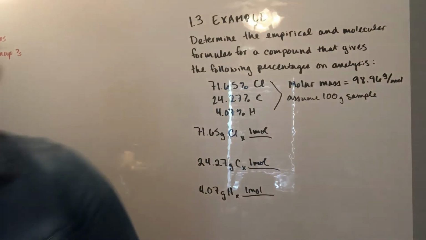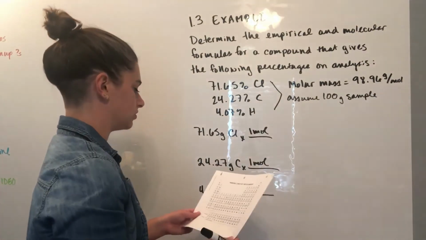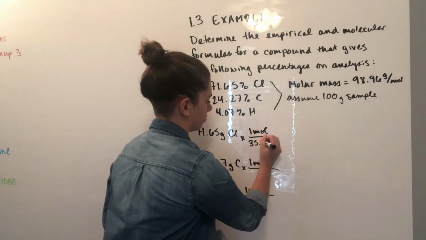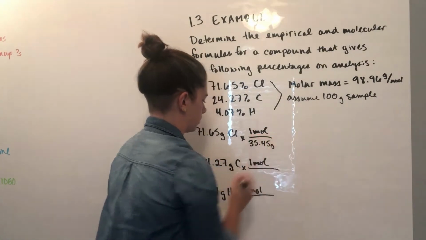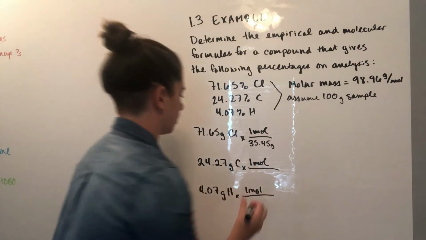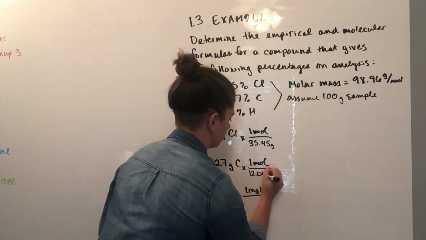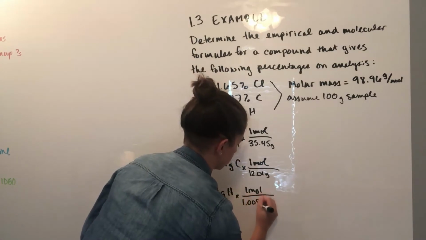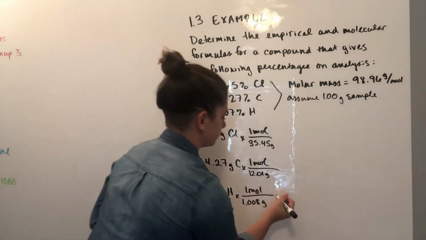So I'm going to grab my periodic table and look each of these up. Chlorine is 35.45 grams per mole. Carbon is 12.01 grams per mole. Hydrogen is 1.008 grams per mole.